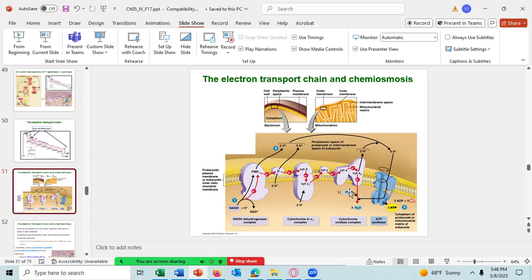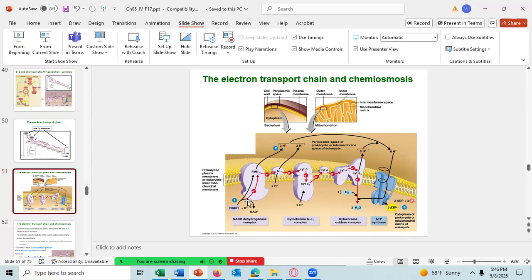And that is why we must use oxygen, why we must breathe oxygen. All of that oxygen is converted into water in aerobic respiration. You should make note of that. None of that oxygen is converted into CO2. All of it is converted into water in aerobic respiration, shown here.